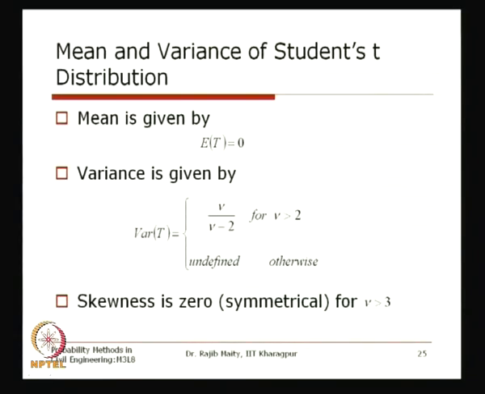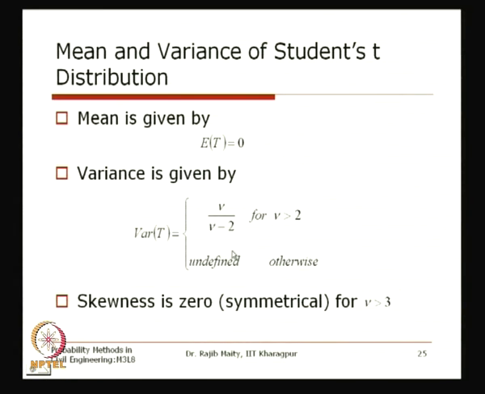You know that the mean is 0, similar to the fact that for the standard normal distribution the mean is equal to 0. The variance of this distribution is related to its degrees of freedom: nu by nu minus 2, and this is for nu greater than 2, otherwise it is undefined.